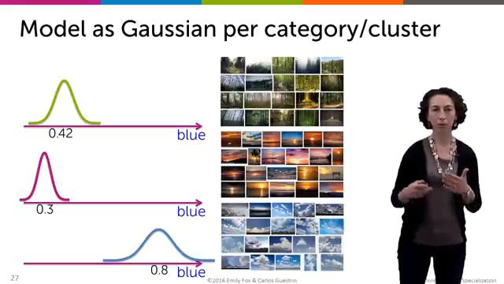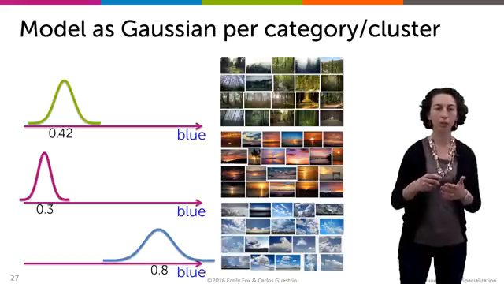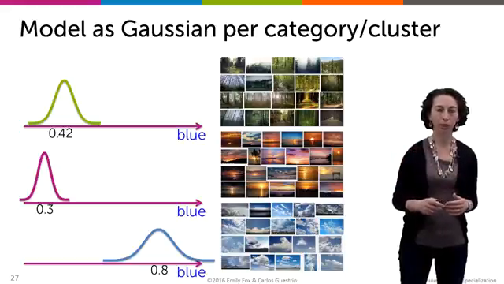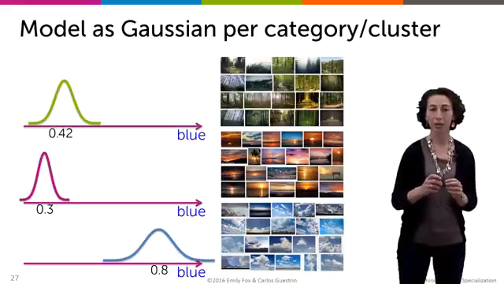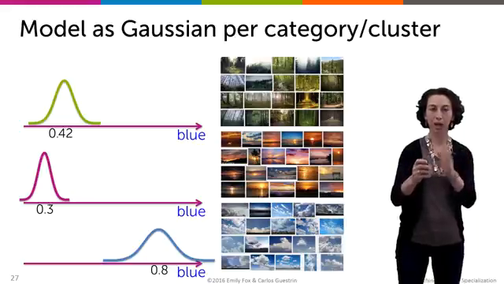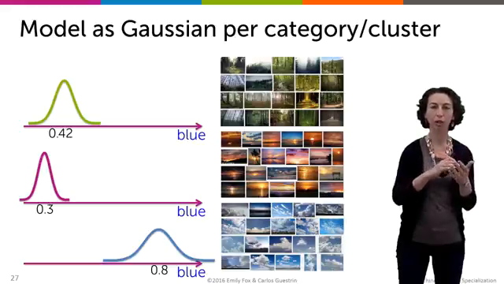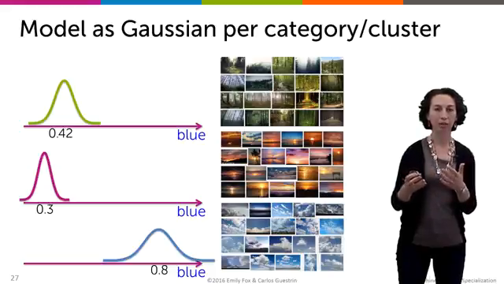So for example, for forest images, if we just look at the blue intensity, then we might have a Gaussian distribution shown with the green curve here, which is centered about this value 0.42. And I want to mention here that we're actually assuming a Gaussian for the entire three-dimensional vector RGB, and that Gaussian can have correlation structure, and it will have correlation structure between these different intensities because the amount of RGB in an image tends not to be independent, especially within a given image class.